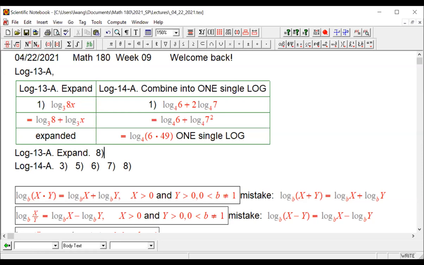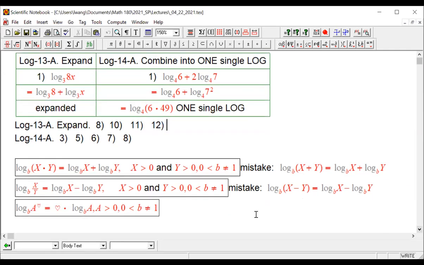Let's see, I'm going to choose number 10, number 11, number 12. Try those.